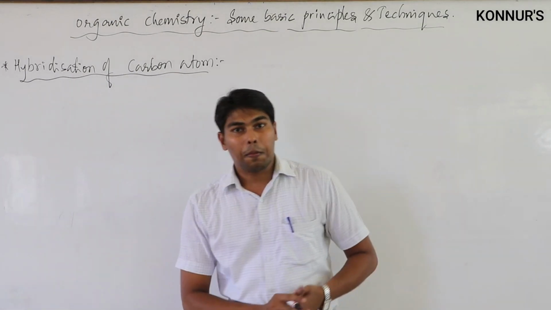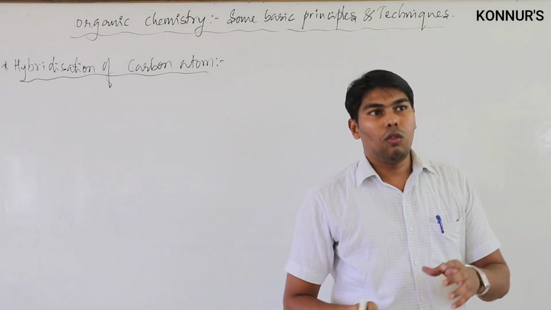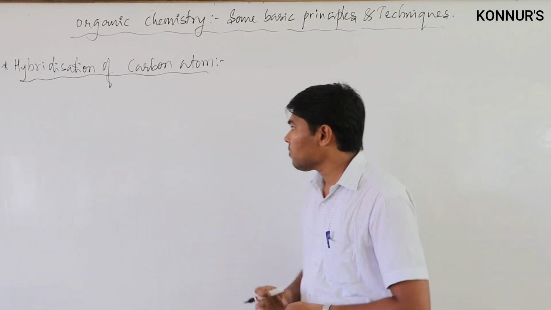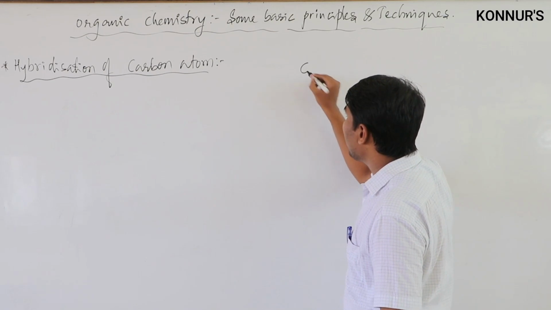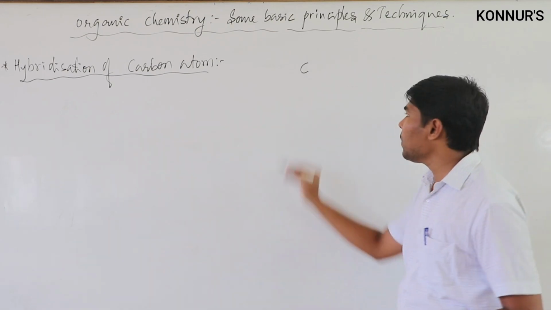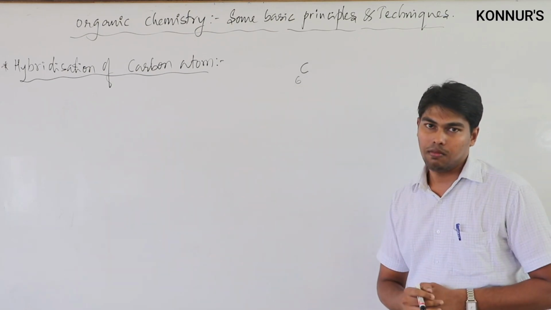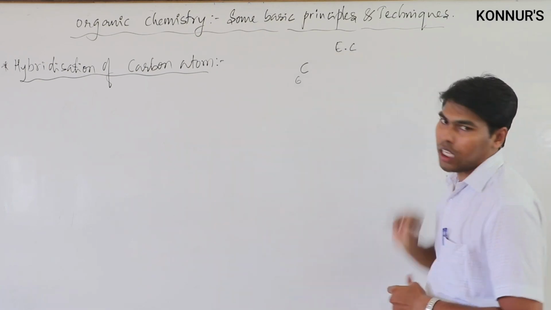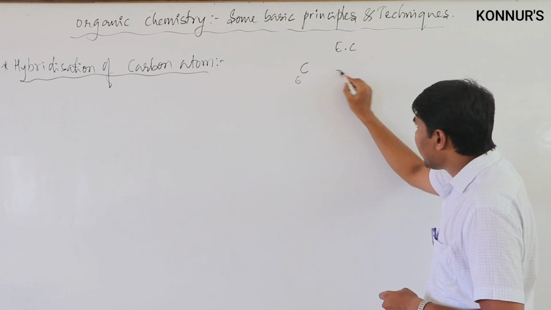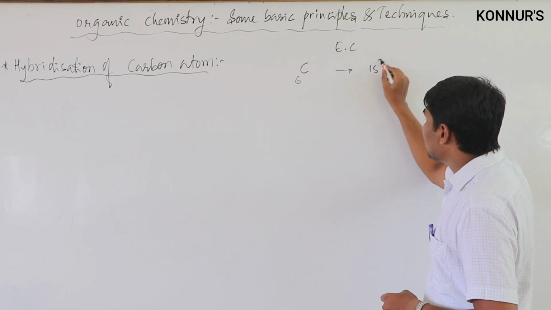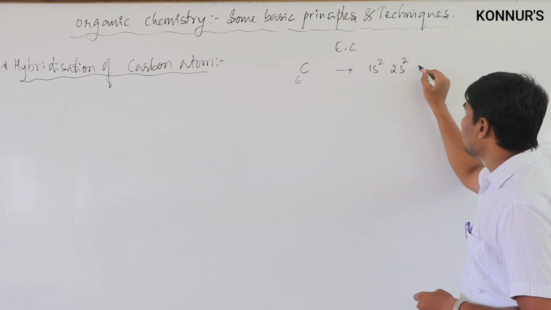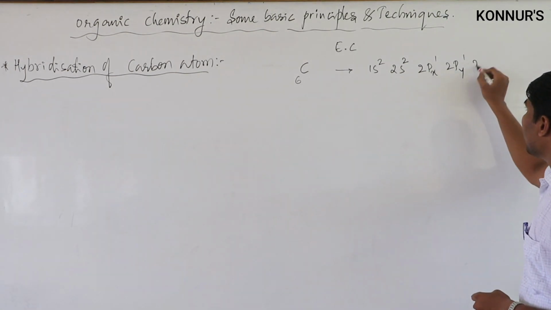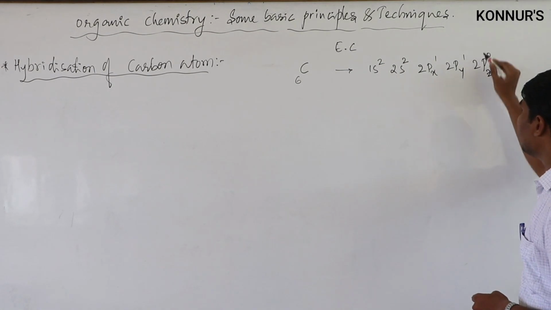Here comes the question, what kind of orbitals will hybridize? First of all, we'll take a look at the carbon, which has atomic number 6. Let us write its electronic configuration, which is 1s2, 2s2, 2px1, 2py1 and 2pz0.